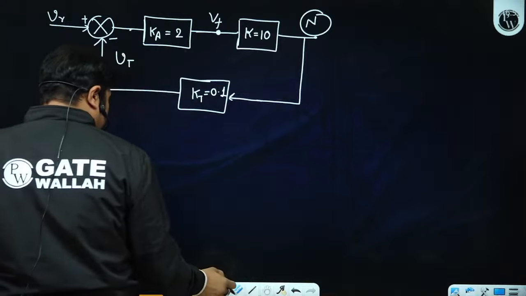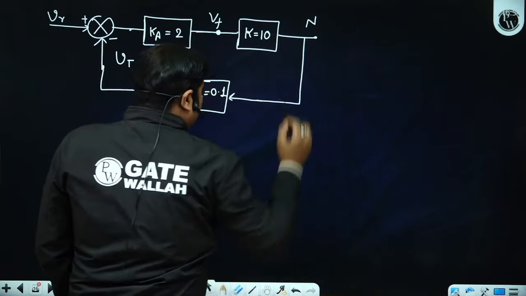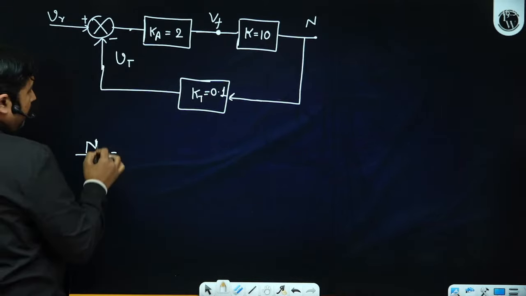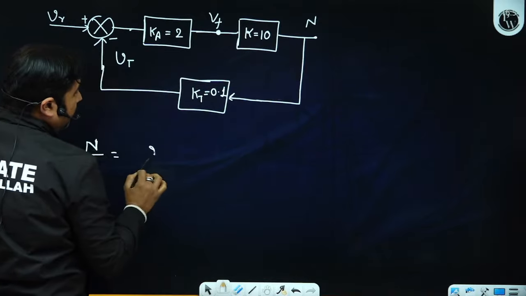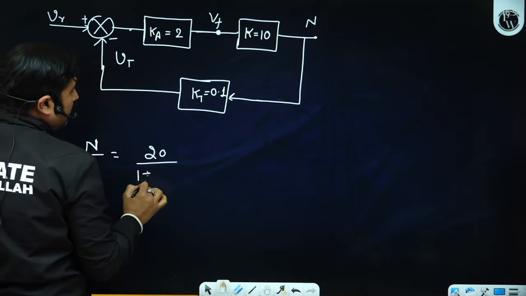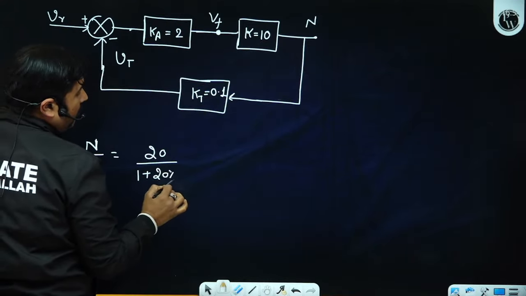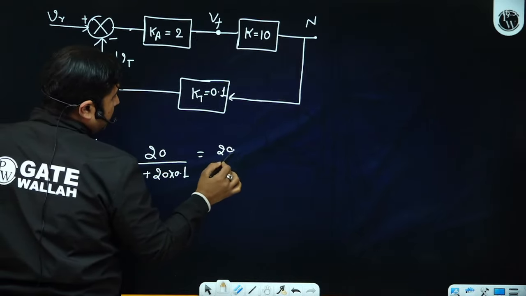Now let's talk about this question. The N by VR ratio will become the forward path gain, which is 20, over 1 plus the loop gain of 20 into 0.1. So this will become 20 by 3.